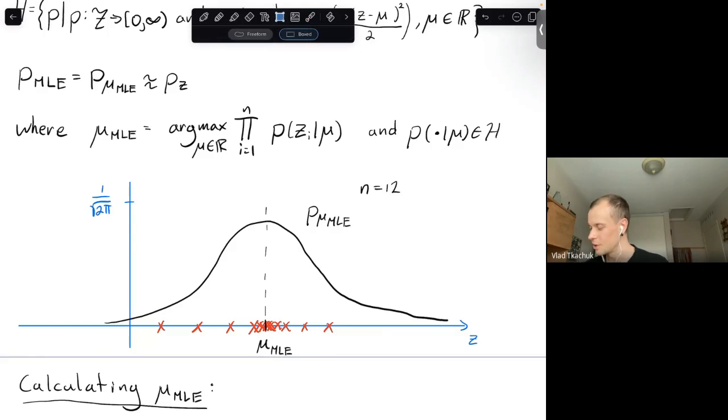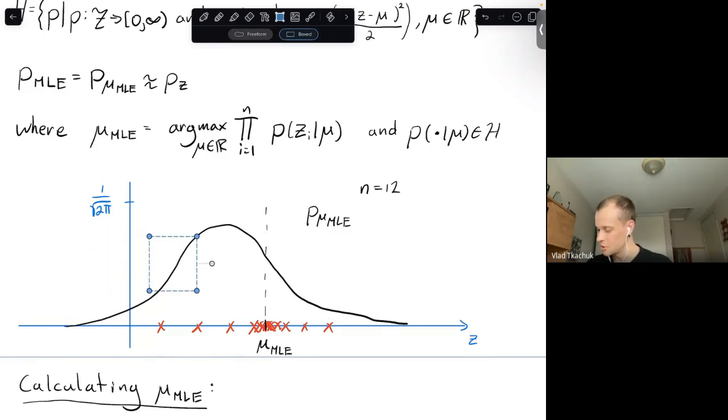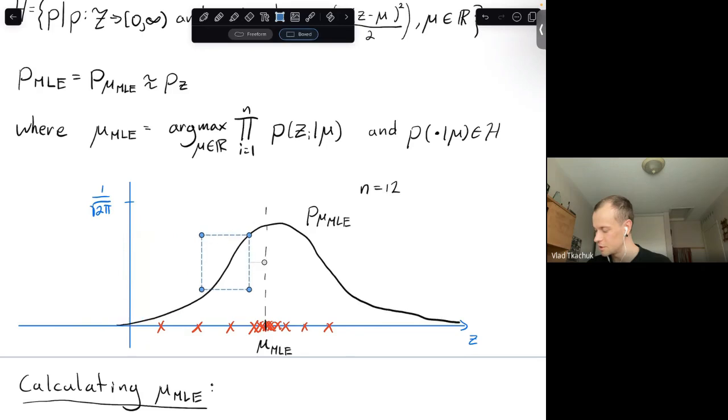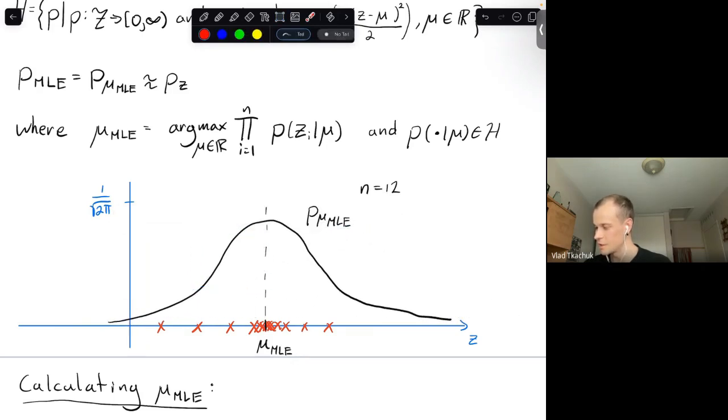So visually, you can think of what's happening is that you're taking this normal distribution, and you're trying to find the parameter mu. And mu describes the mean of the normal distribution. So you can think about it as you're really testing all possible normal distributions, sweeping through all of them, and for each one, you're calculating this corresponding equation, which is you plug every single data point into the normal distribution, multiply them together, and you get the probability of seeing all of the data you saw.